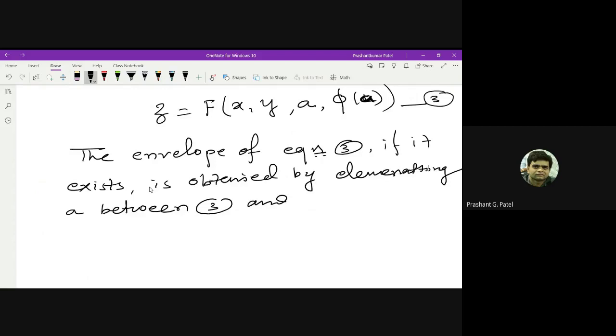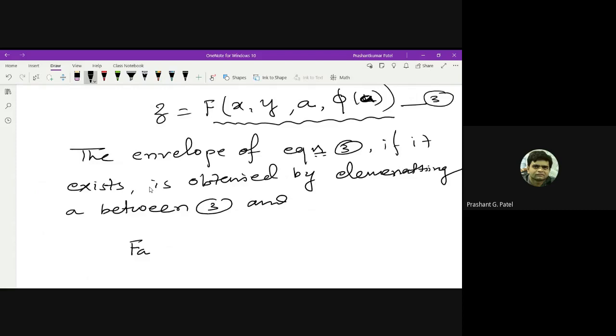So we are taking the derivative of this function with respect to a. What we will get is fa, the derivative of this, and this is the b.